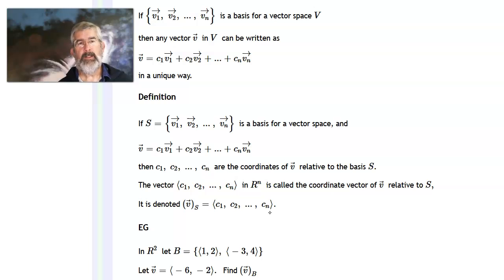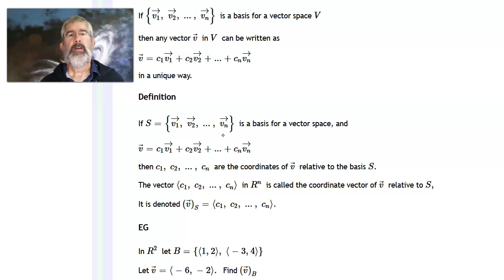Now, one thing I need to point out here is that for sets, generally, this is a list of things, and that list of things can be written in any order. It is considered the same set.